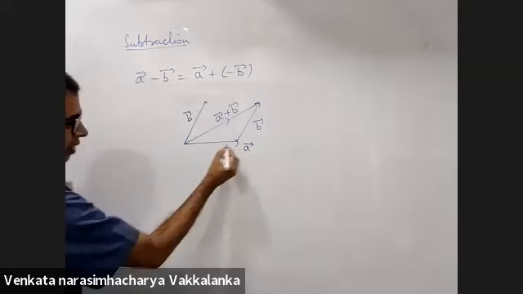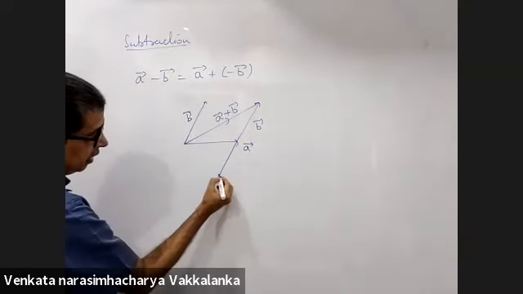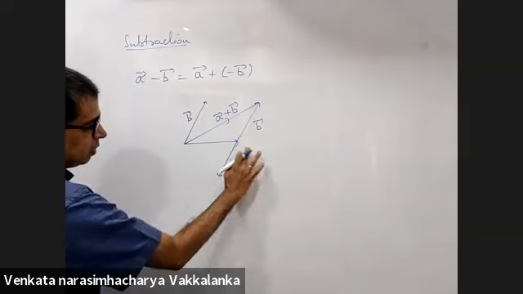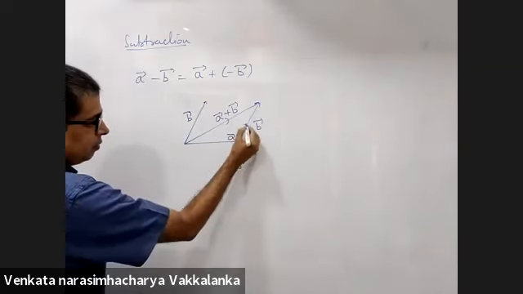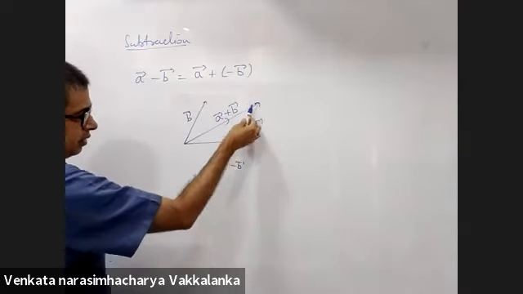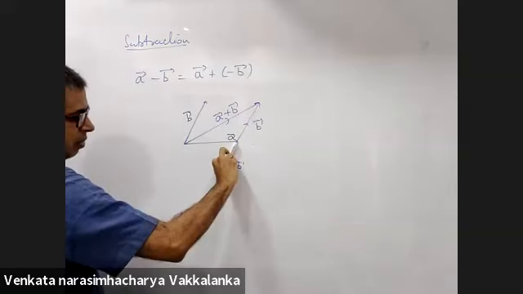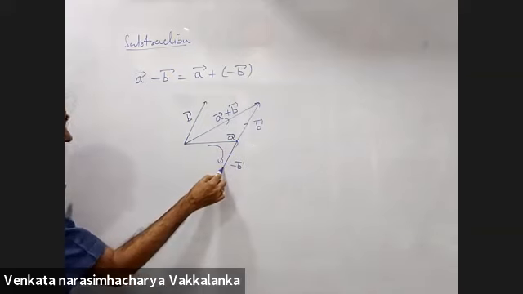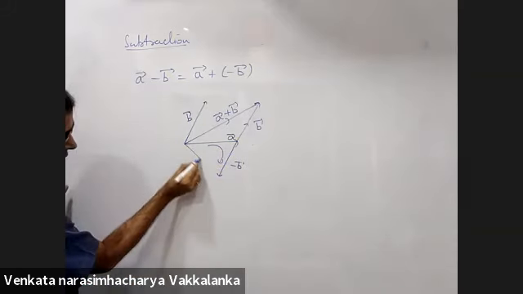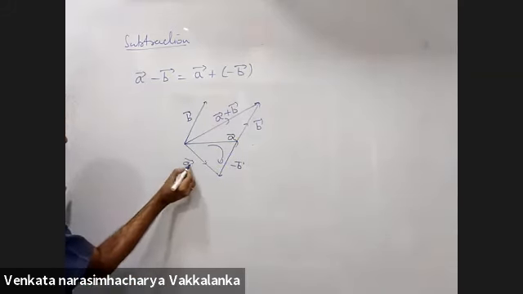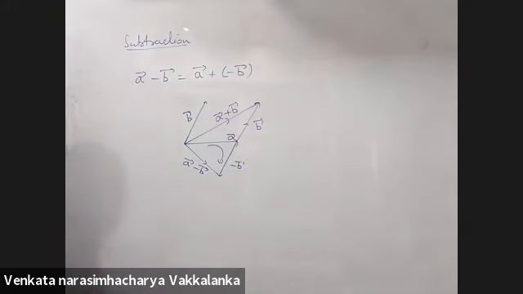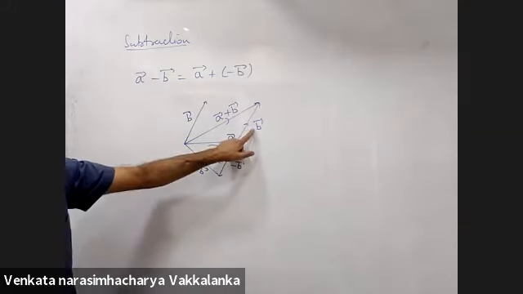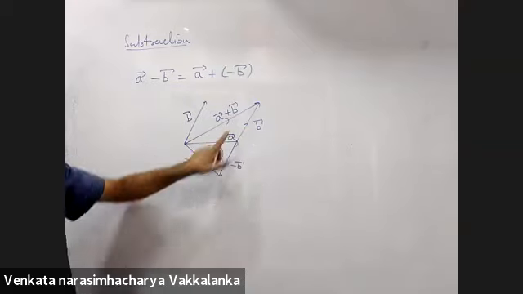This will be minus B. This was B. This will be minus B. A and minus B are two sides of a triangle taken in one order. Third side of the triangle taken in the reverse order. A plus B is this.